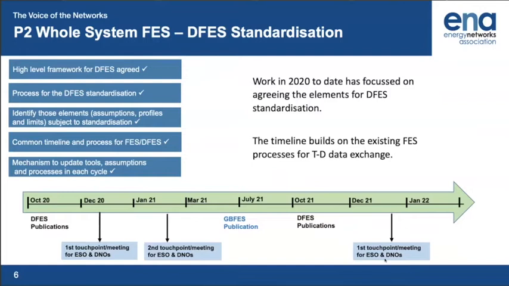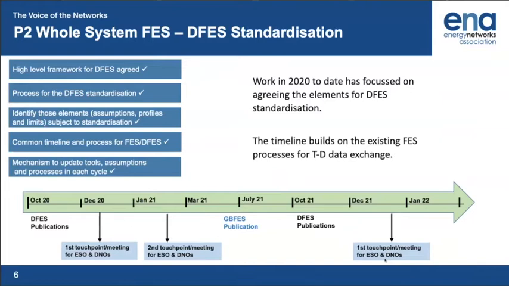And then the final bit, of the 5 blocks, is thinking about, well, okay, if we do start to see differences between, let's say, a regional forecast of something and how that forecast is working in the national GB FES scenarios, then we've got a process developed as to how that gets narrowed down, how the network companies understand that, and start to make decisions about whether particular models or sub-models in the FES processes need to be updated or changed or made more consistent.